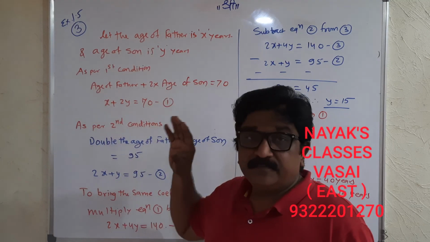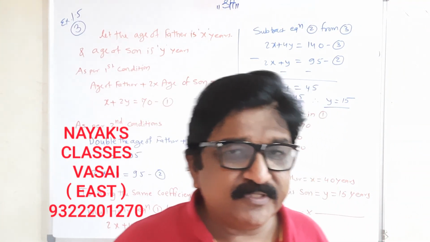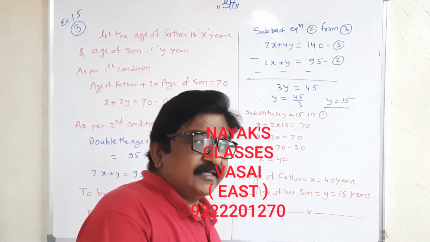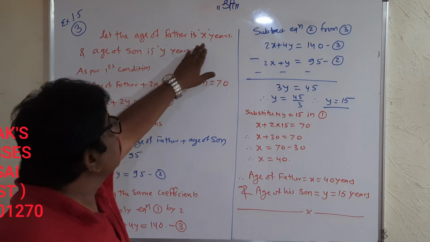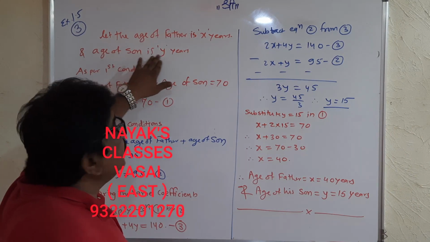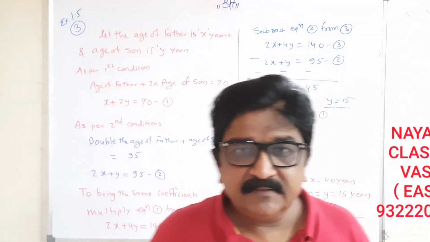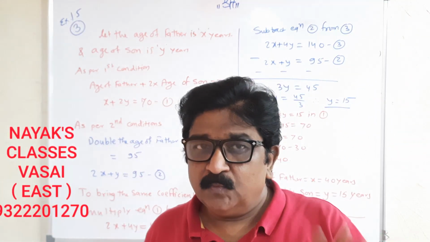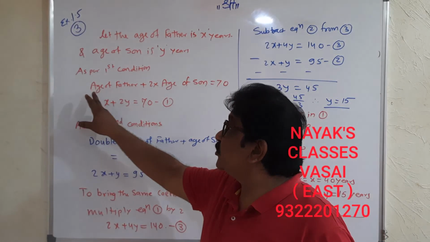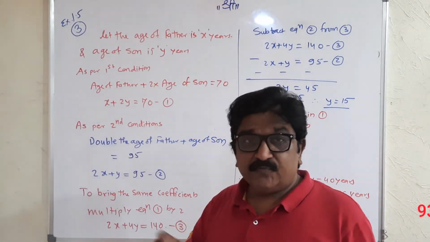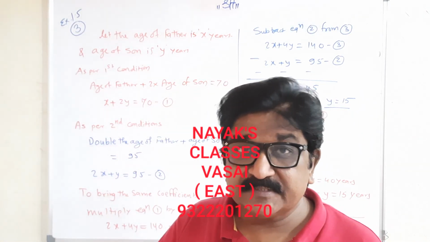The conditions are different, we'll check them. But first, assume the age of father be x years and the age of son be y years. You can check the example in the textbook. According to the first condition, age of father plus double the age of son.